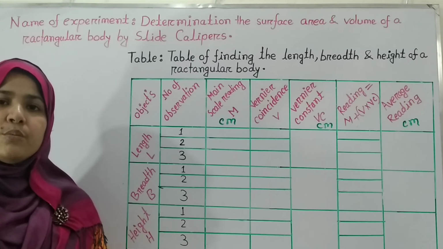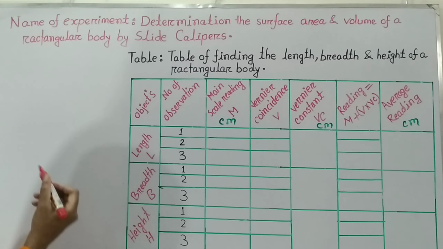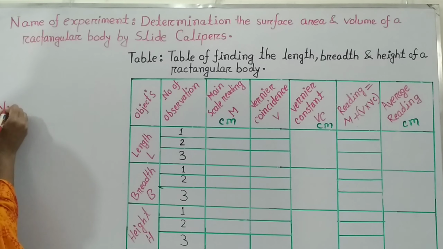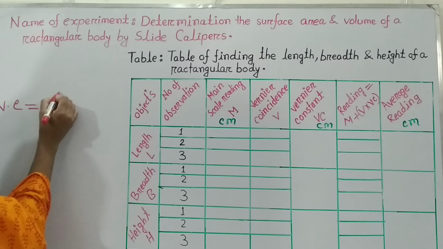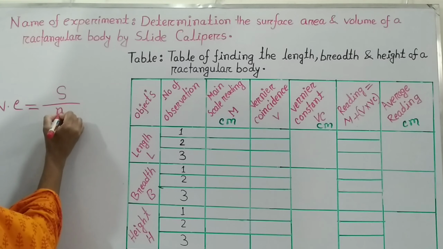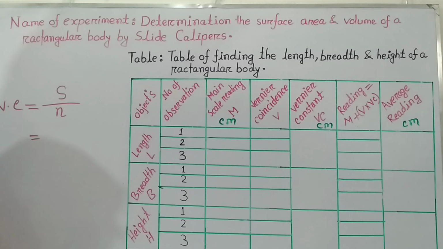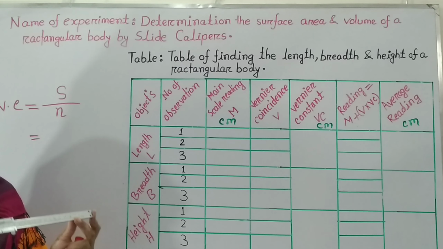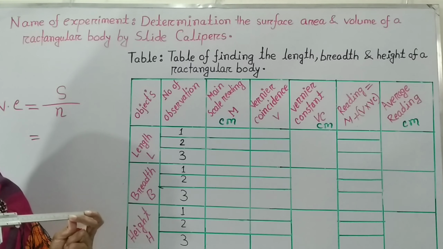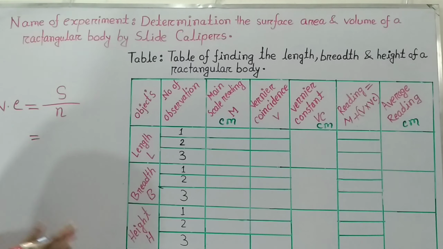You know that the formula to identify the vernier constant, VC, is equal to S by N. Here S means the length of one smallest division of the main scale, and you already see that for the scale in my hand, the length of the smallest division of the main scale is 1 millimeter.